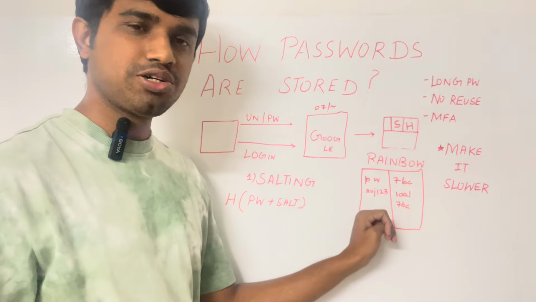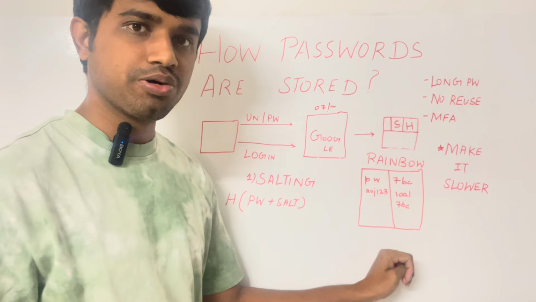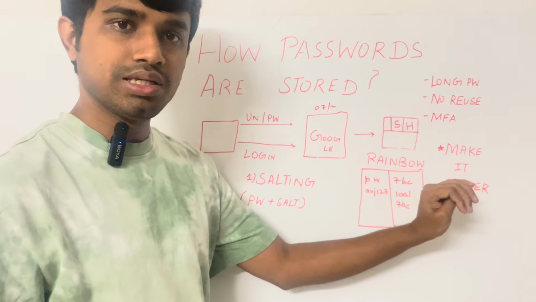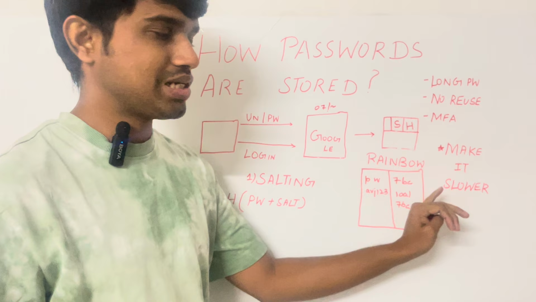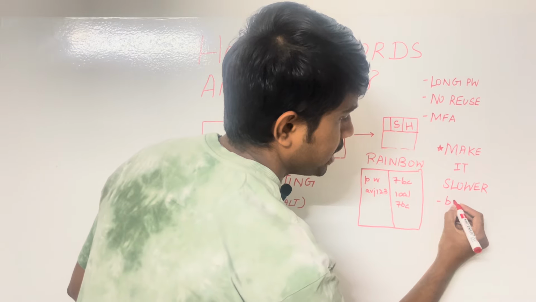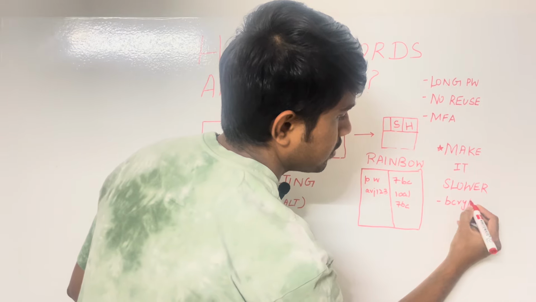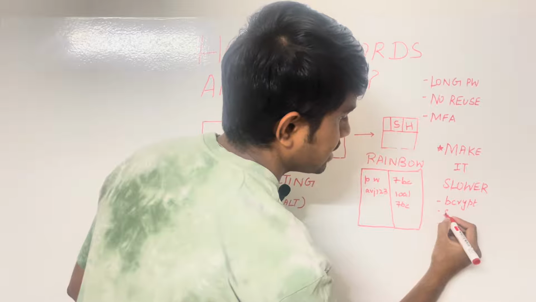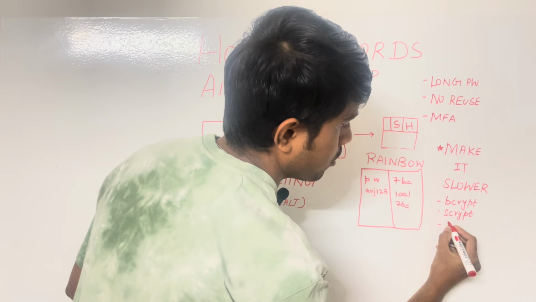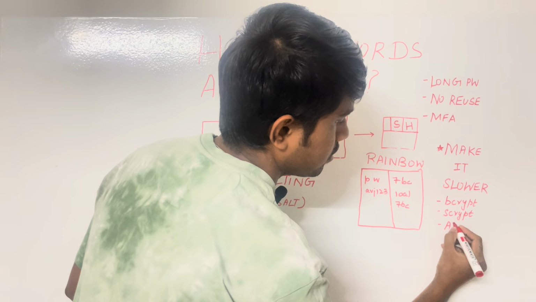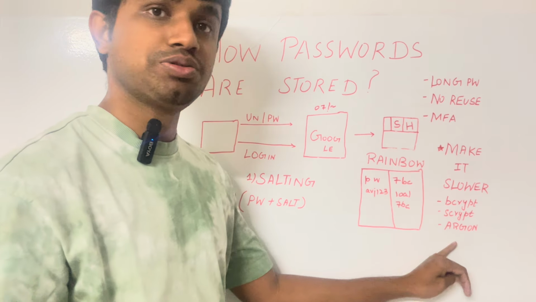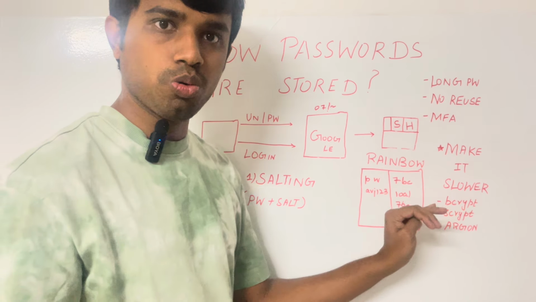Say they give millions of records, they want millions of records to complete hashing and give them back the table. But current algorithms like bcrypt, scrypt, and Argon are strong hashing algorithms which make the process slower.